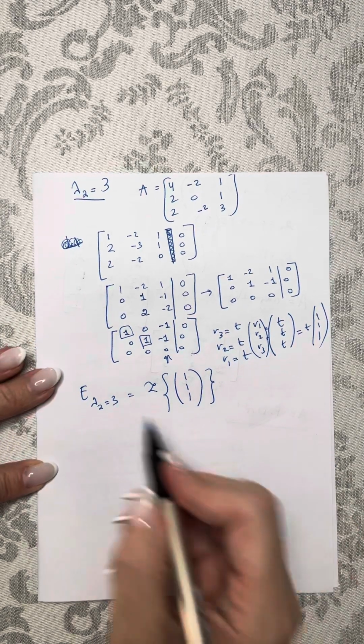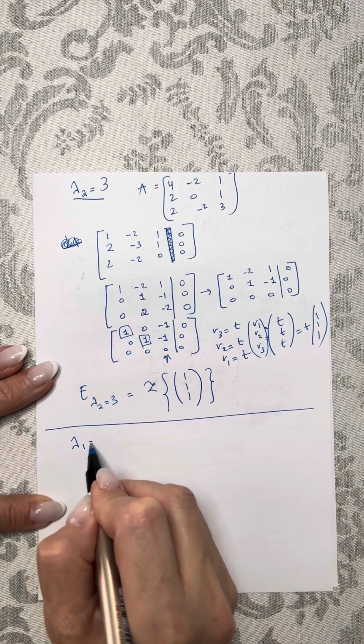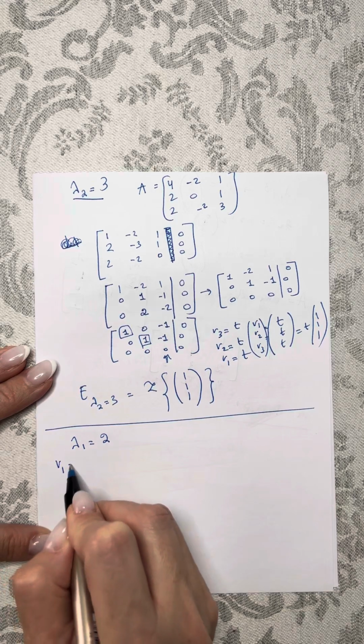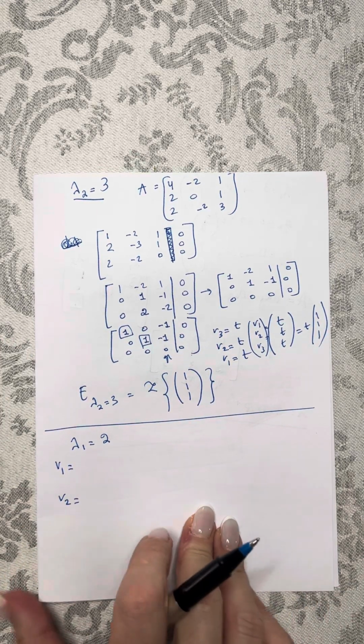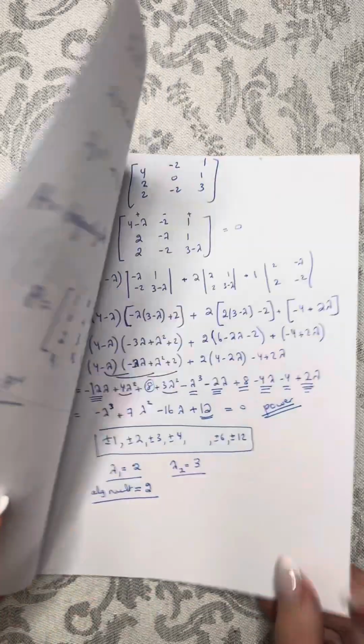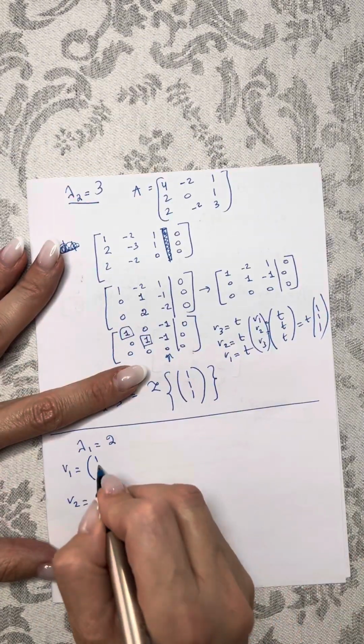So how many eigenvectors did the first eigenvalue give us? 2, which are, again, 1, 1, 0 and minus half, 0, 1.